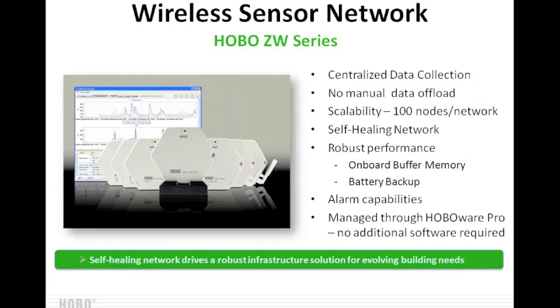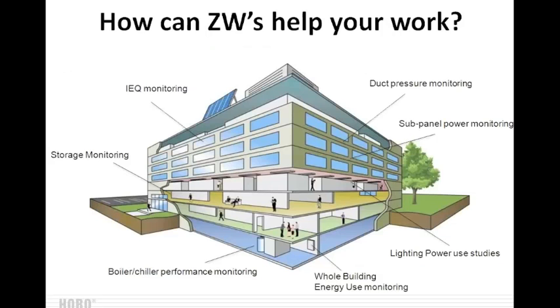We understand that in a building there are constantly evolving infrastructures. So the solution is built to enable a very robust solution for the changing properties of a building. And that's what I want to walk you through in a few examples. You might be wondering at this point how our ZW system can help you in your building.